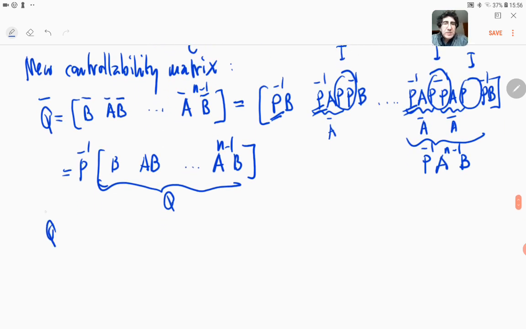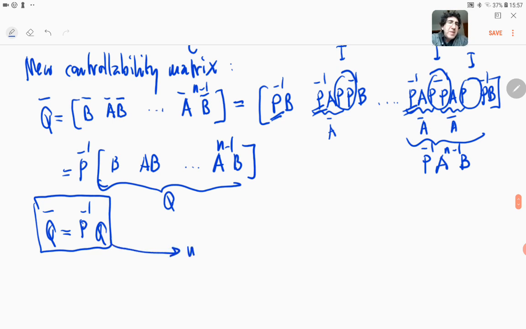That means that the controllability matrix of the new system is actually equal to P to the power minus 1 times the controllability matrix of the original representation.